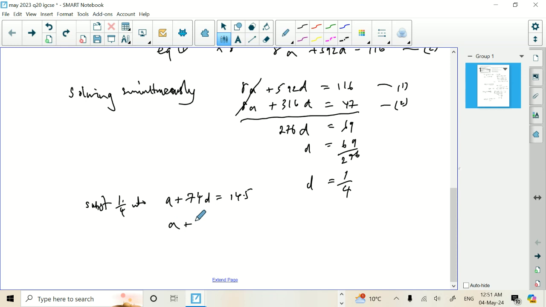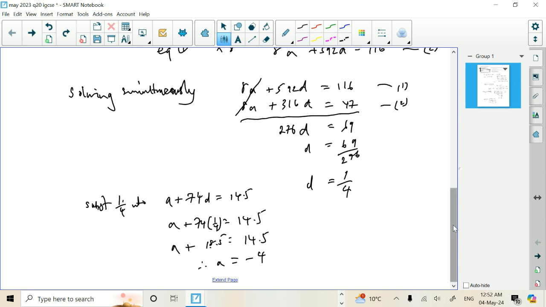You get a, well, 74 times 1/4 or 0.25 is 18.5, so a plus 18.5 is equal to 14.5, and therefore a is equal to minus 4, because 14.5 minus 18.5 is minus 4.